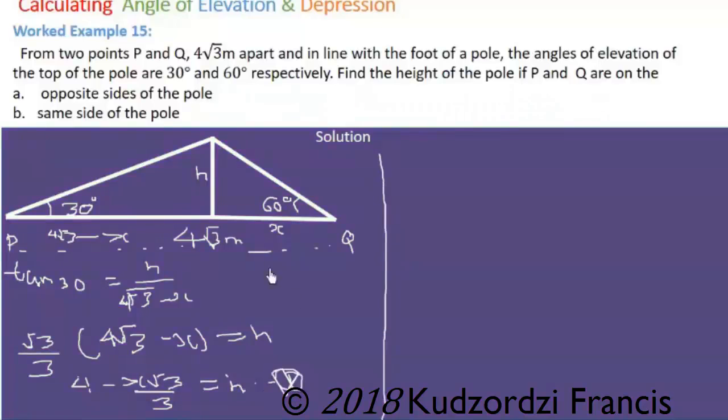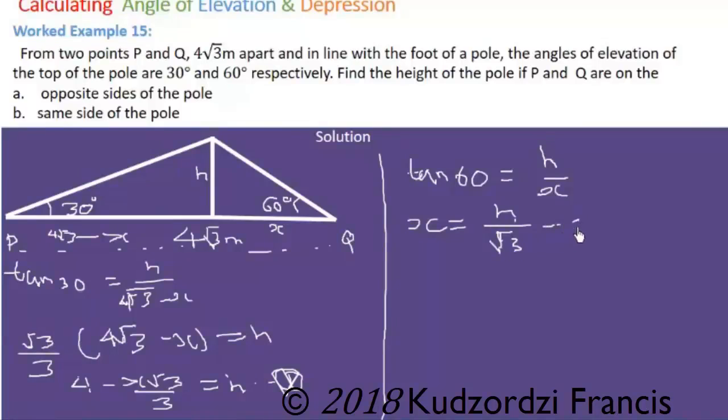Then from the smaller triangle we have tan 60 is equal to h over x. So we have our x equal to h over tan 60, and we know that tan 60 is root 3.